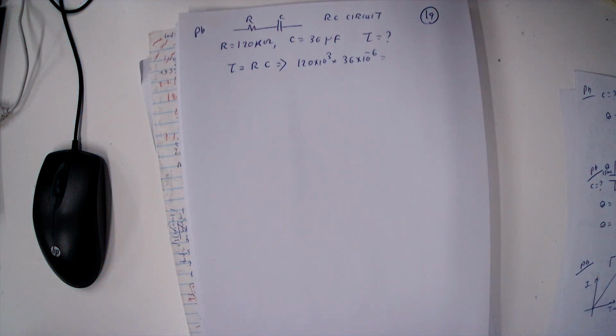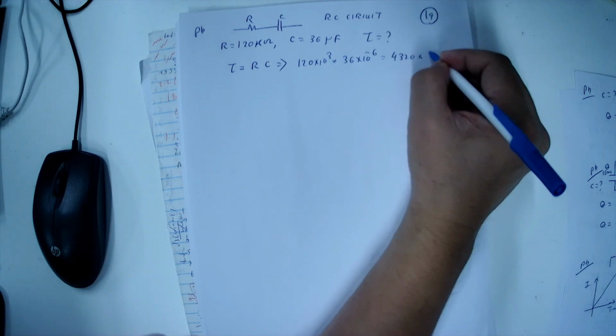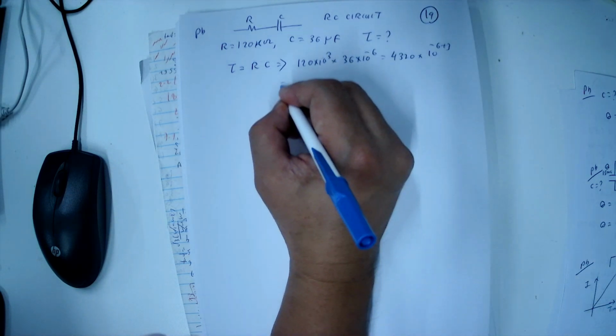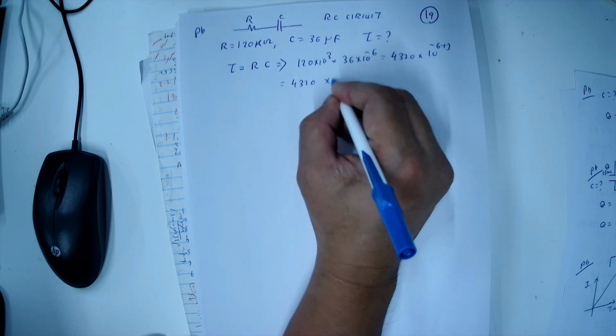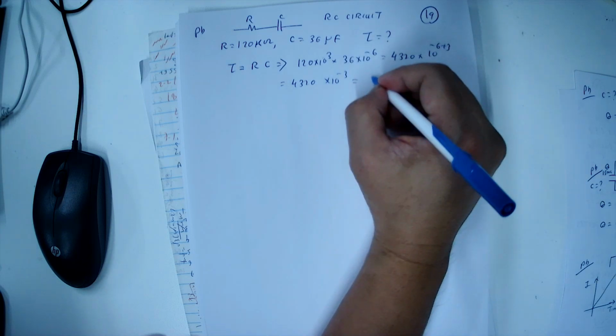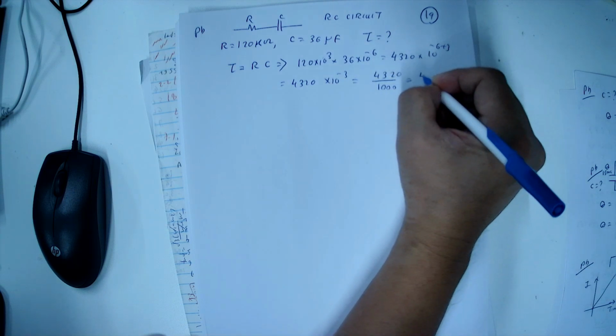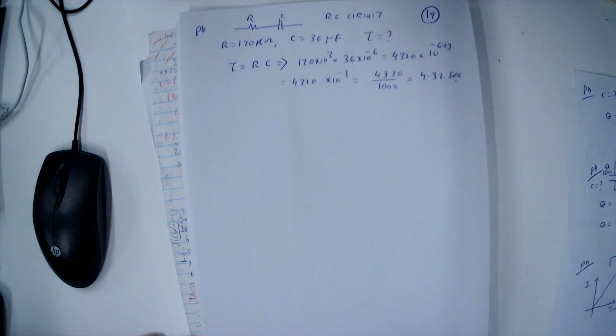So 120 multiplied by 36 is 4320, at 10 power minus 6 plus 3. So this is 4320 multiplied by 10 power minus 3. So 4320 divided by 1000 is 4.32 seconds. The time constant is 4.32 seconds.